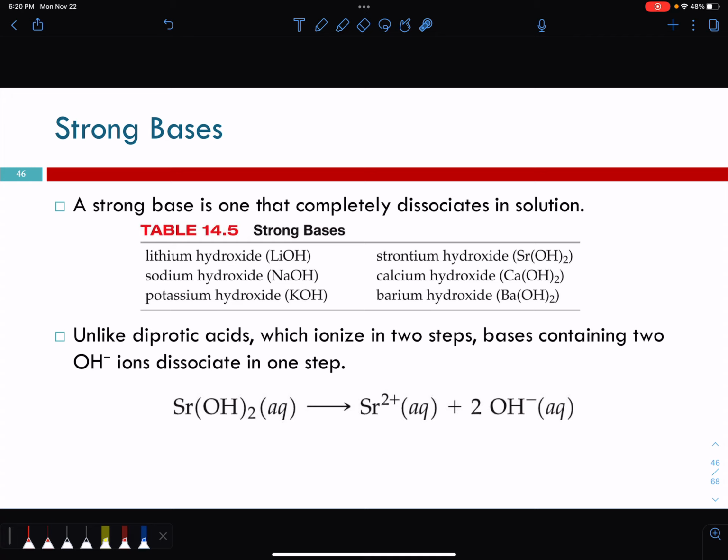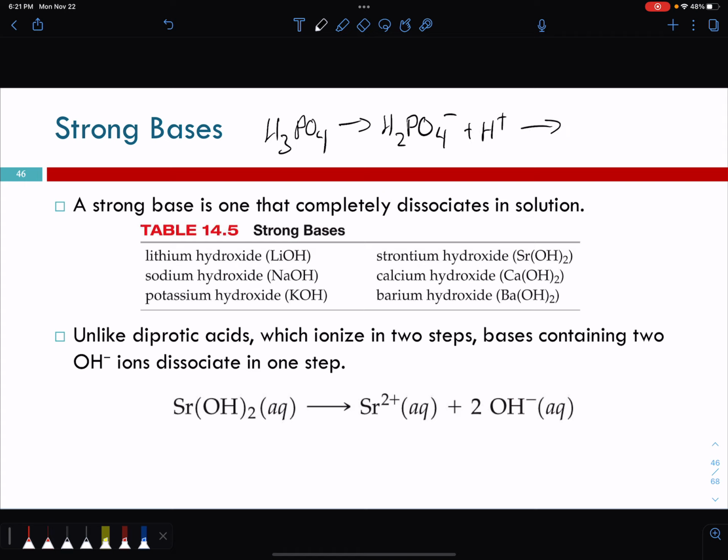So bases can also be strong or weak. One of the big differences between bases and acids is that when we have strong bases that have multiple hydroxides, they don't ionize step by step. If we have something like H3PO4, which is triprotic, we can ionize this once, and we'll get H2PO4 minus plus a hydrogen.